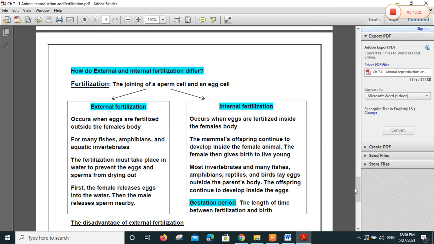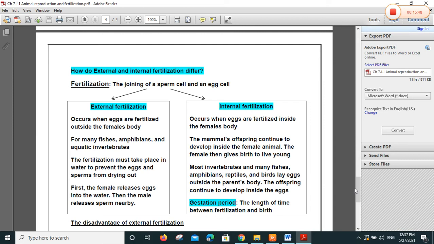Also amphibians, the fertilization happens in water. Most aquatic invertebrates and vertebrates that live in water undergo fertilization externally, outside the body. A lot of eggs and sperms are destroyed by water currents.